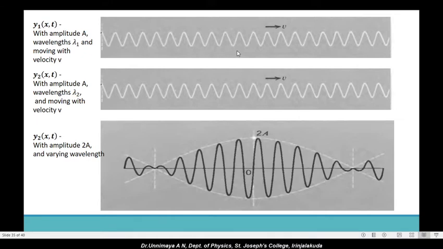So this is a pictorial representation of superposition of two travelling waves. This represents y1 with amplitude A, wavelength lambda 1, moving with velocity v, and this represents y2 with amplitude A, wavelength lambda 2 and velocity v, and the resultant wave will be like this.